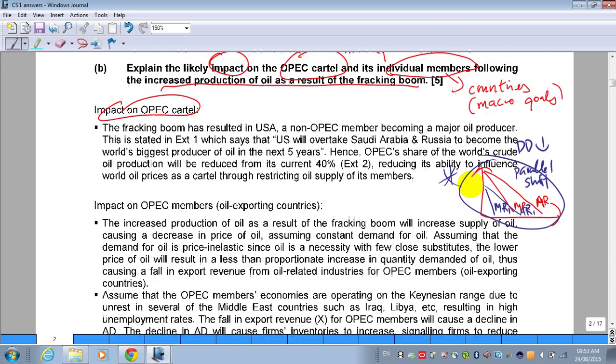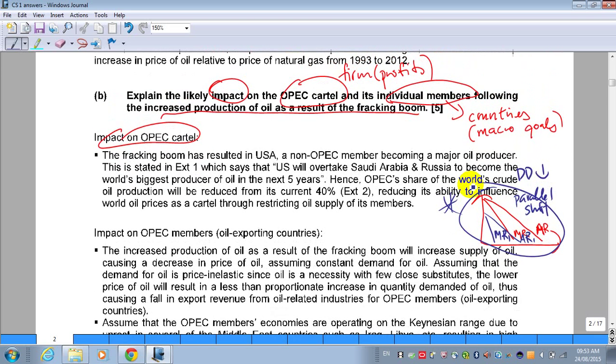So this is how I address the part on the OPEC cartel: recognizing that the OPEC cartel is a firm and the demand for the firm's product has fallen, causing its profits to fall. Now, the next part is on the individual members. Since OPEC's supernormal profits fall, definitely what it also means to the individual members is that their export revenue will fall.